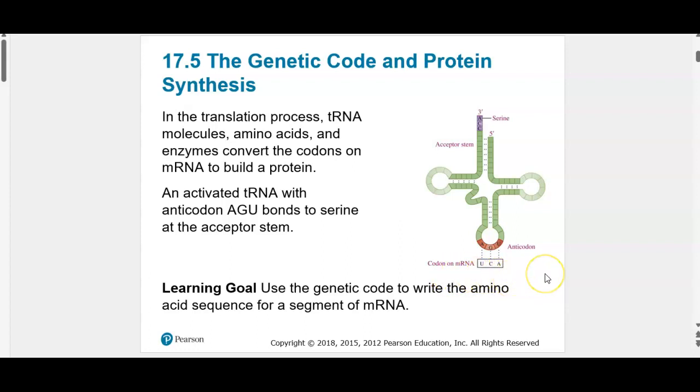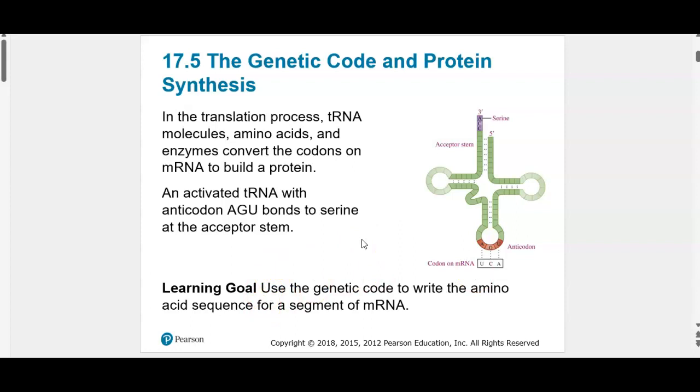And the complementary bases to the anticodon are the codon. Actually, more properly, we should call the anticodon complementary to the codon, because the codon is what brings the information in. And you see the codon is UCA. That codes for serine. So you have an activated transfer RNA, which essentially means that it has its amino acid attached to it, and it attaches to the messenger RNA.